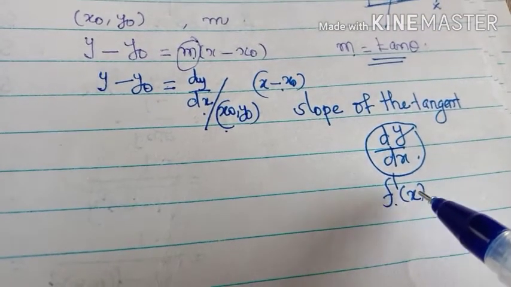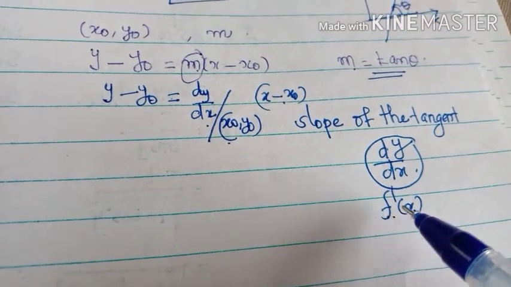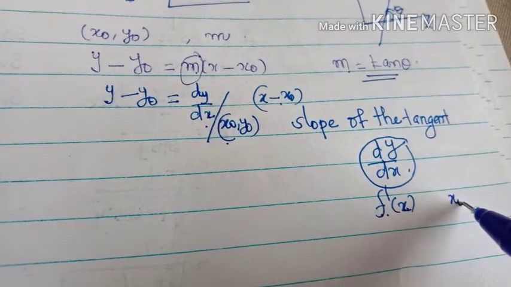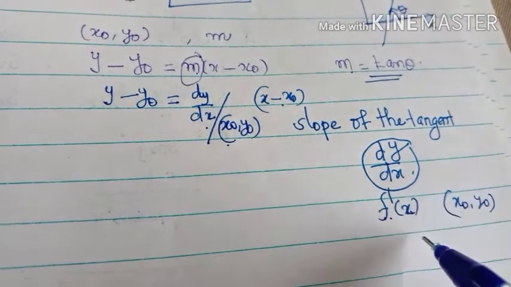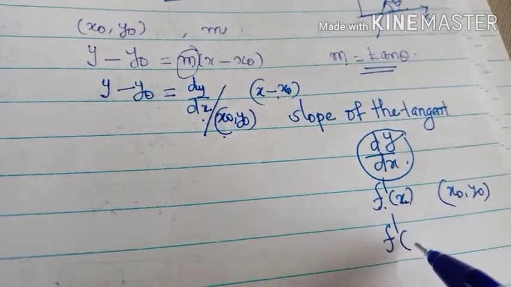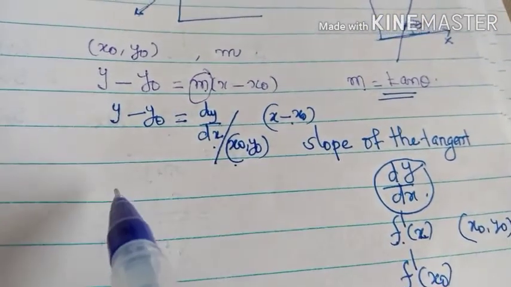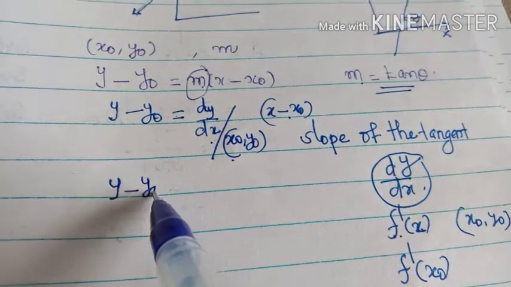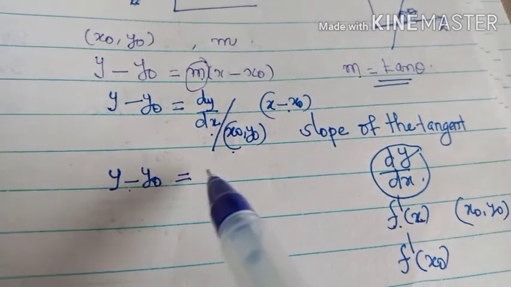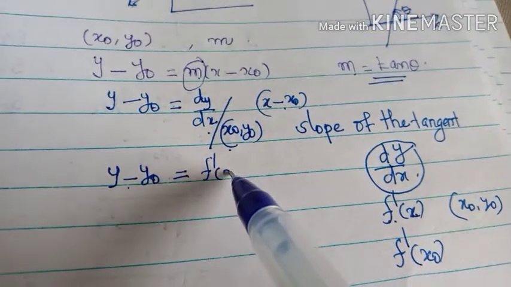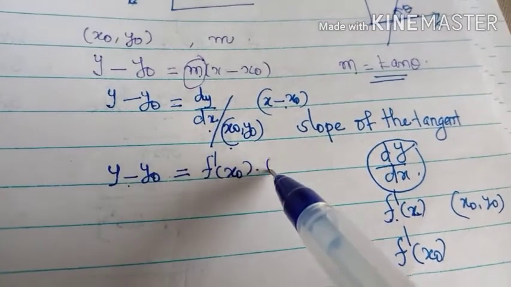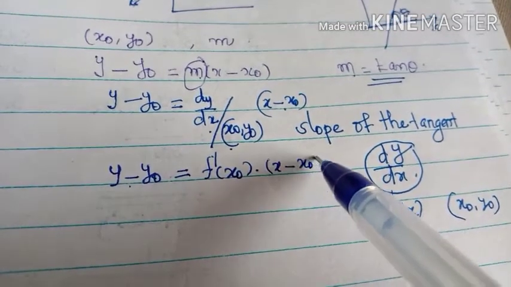So f dash of x, the first derivative of the given function at the point x naught, y naught, is rewritten as f dash of x naught. Replacing this, the equation once again becomes y minus y naught equal to f dash of x naught into x minus x naught.